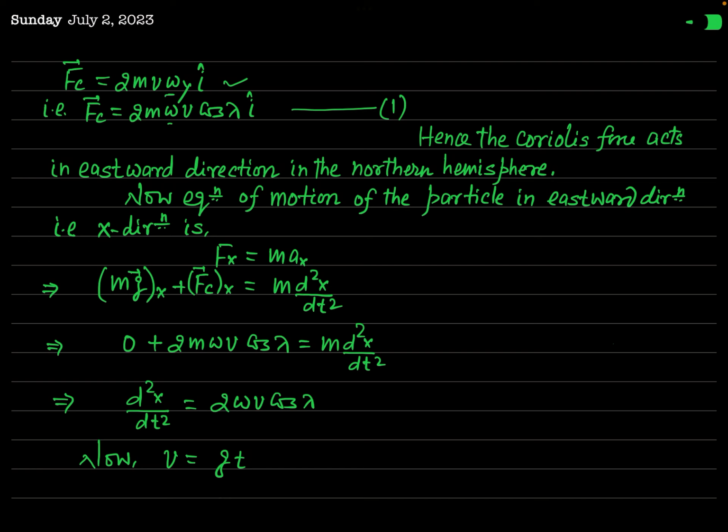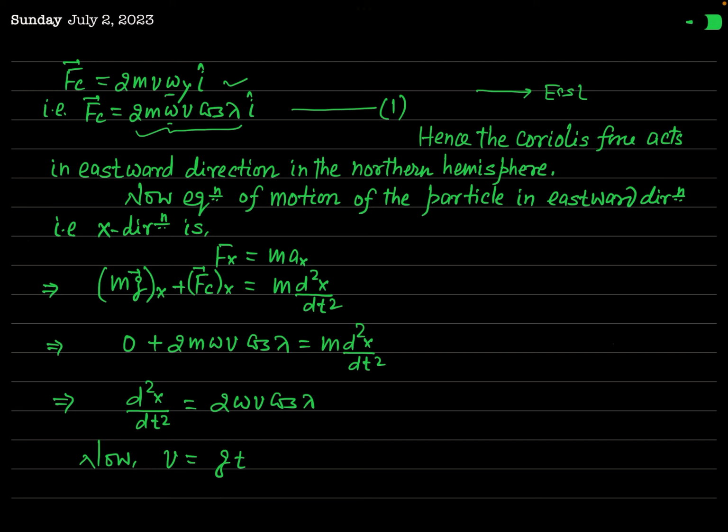So Fc will be equal to 2m omega v cos lambda i. This unit vector i, you know, is directed in the eastward direction. So you can see that this Coriolis force acting on our body is directed in the eastward direction. Mark it. Actually, you have dropped the body in the northern hemisphere.